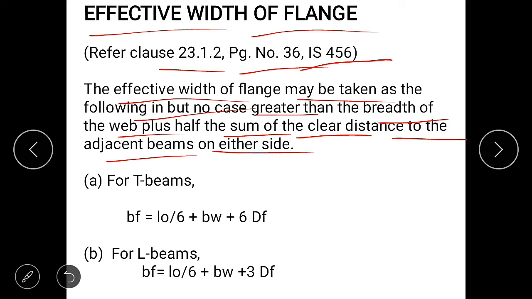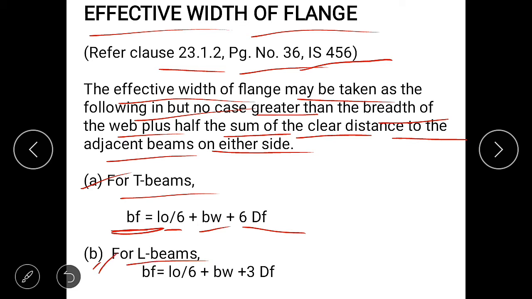So how to take the effective width of the flange? For a T-beam or for an L-beam, both conditions are given. How to calculate the effective width of flange? Effective width of flange means BF. So BF is equal to L0 divided by 6 plus BW, where BW is the width of web, plus 6 DF, where DF is the depth of flange.